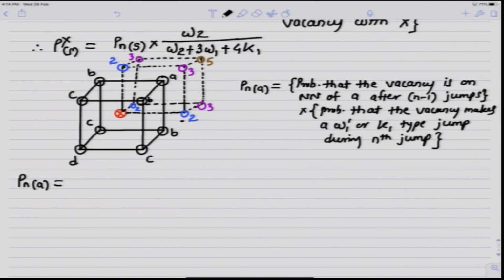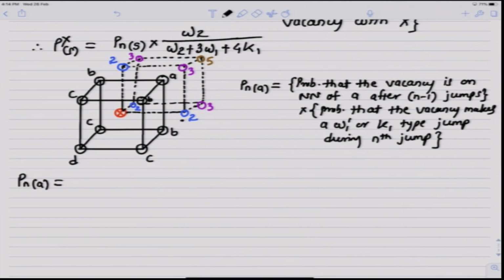And remember, after n minus 2 jumps, the vacancy can only be on either this A site, one of these two B sites, or on C site, because the other 4 nearest neighbors of this atom 2 are outside the first and second coordination shell of x, and we are not considering those, because if the vacancy jumps from there, it would be a random vacancy jump and will not be a part of this correlation effect.